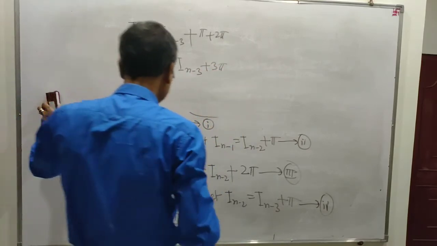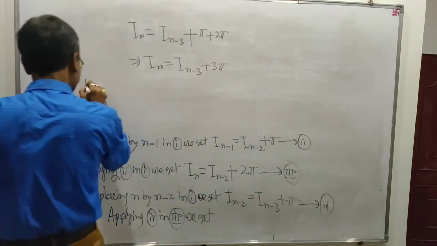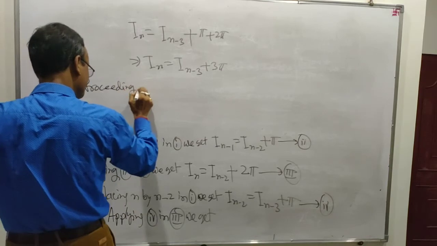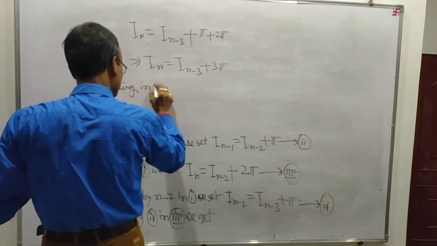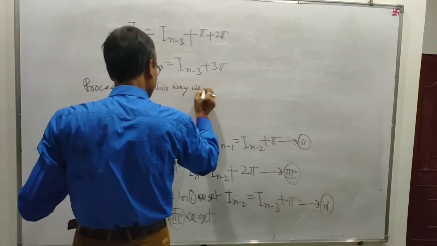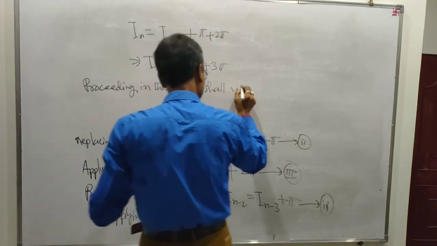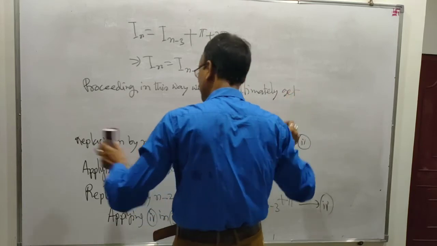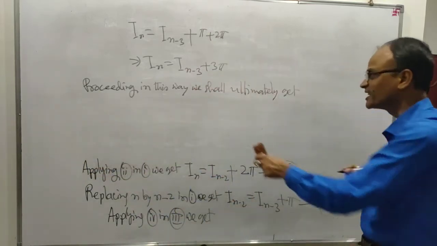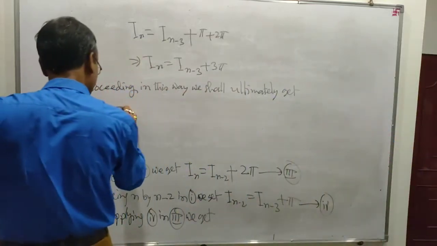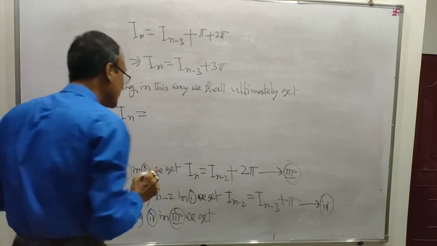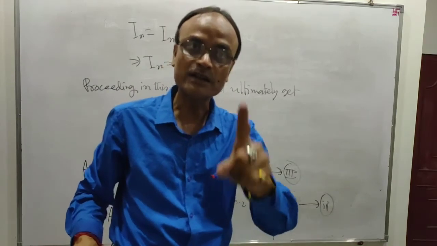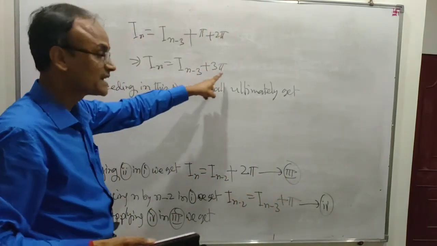Proceeding in this way, we shall ultimately get I n equal to, reducing by 1 each time, I n minus 3 plus thrice pi.